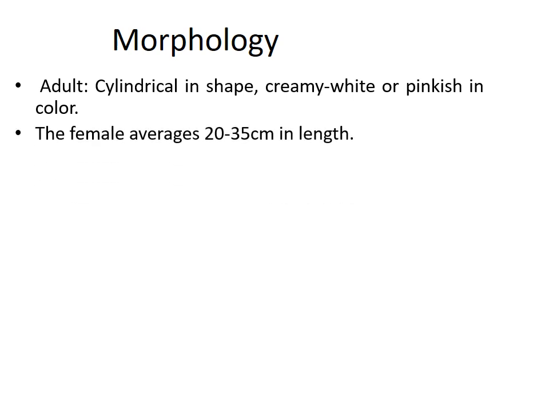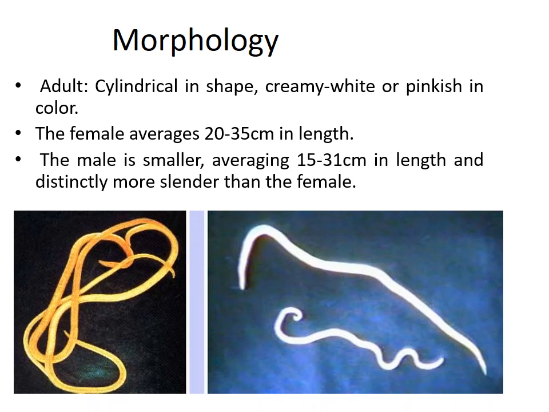The female is around 20 to 35 centimeter, and the male is slightly shorter, that is 15 to 30 centimeter. You can see the relative size of the female, which is longer, while the male is shorter and slender. So that should be taken care of.